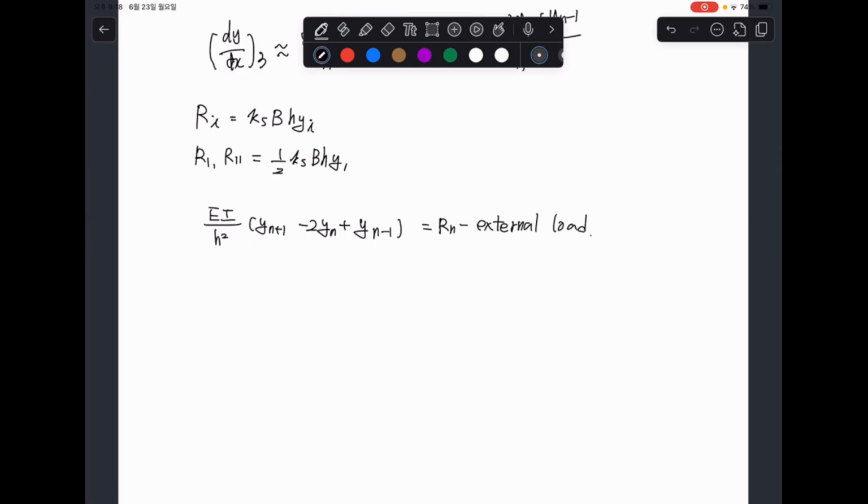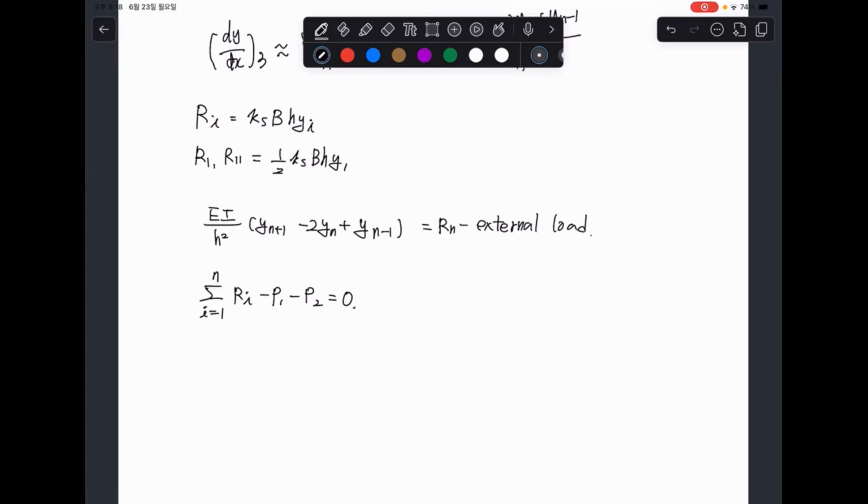So applying these to our stations, we form a system of equations, and boundary conditions and force equilibrium must also be satisfied. For example, this ensures overall force equilibrium.